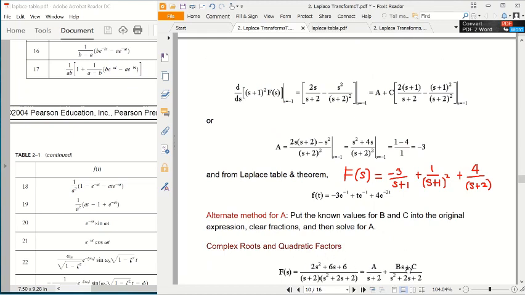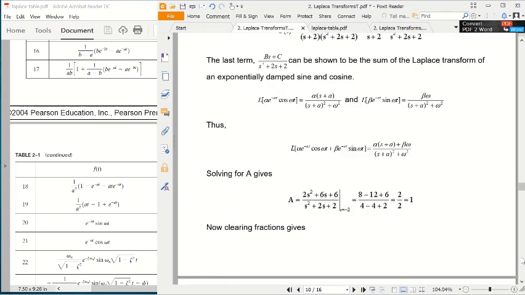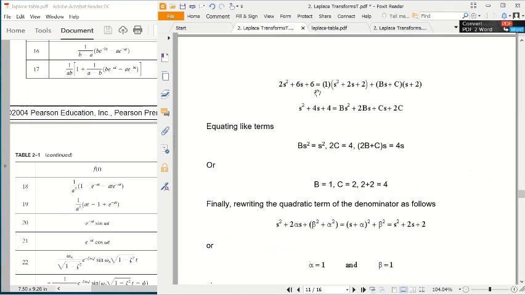But before you take the numerator, you must make sure that the denominator is the same, that means you have to have the same denominator from left to right side. So this s plus 2 must multiply with this, and this must multiply with the A. Then you equate, so you get this expression. Of course, in this case, you already substitute A equal to 1 because we already know A.